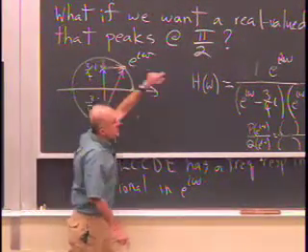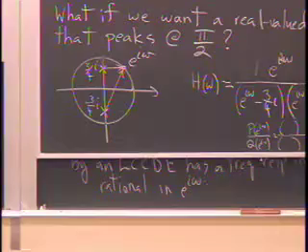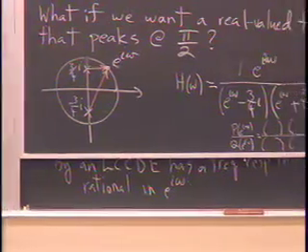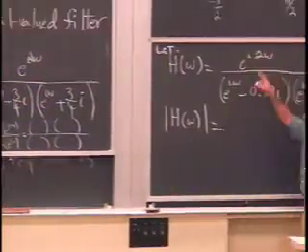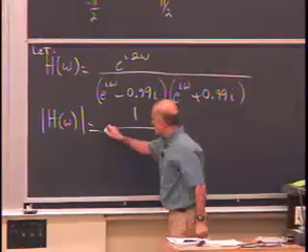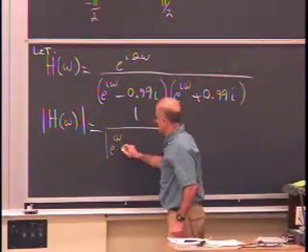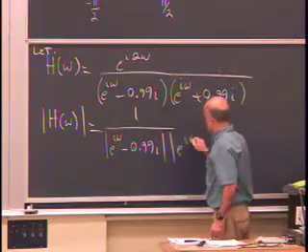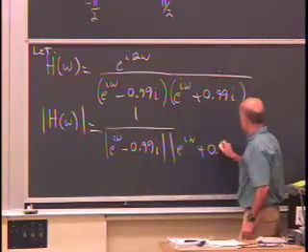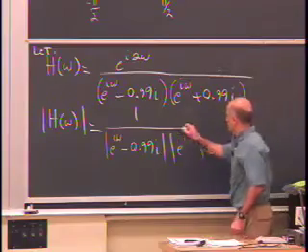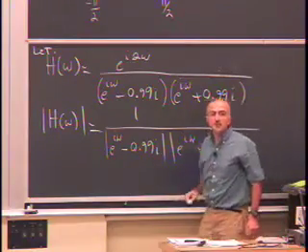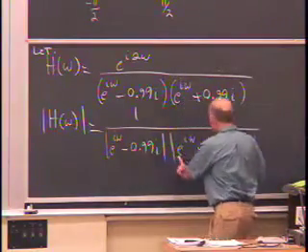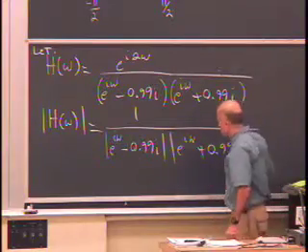In the denominator of the magnitude response, you have the magnitude of the numerator, which is 1, times the magnitude of each of these terms. If I am at pi over 2, which one of these magnitudes is going to dominate the value of this ratio?